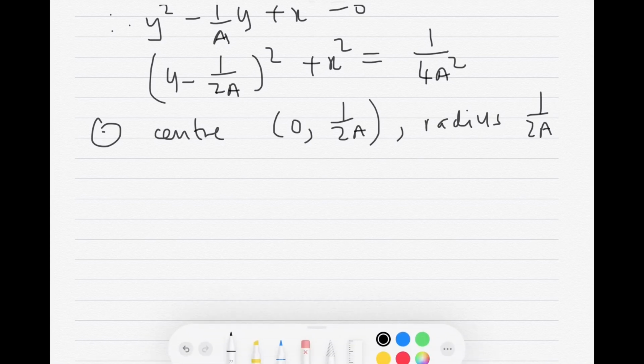If you take a single one of these circles, if A is positive, some general value A, then a circle with center 1 over 2A and radius 1 over 2A will be a circle that passes through the origin.